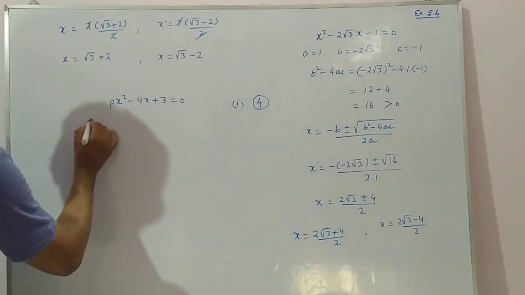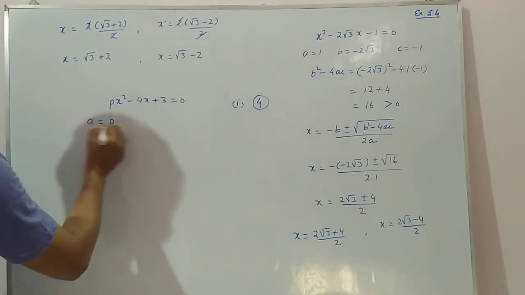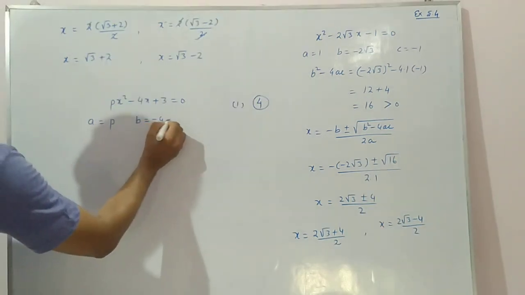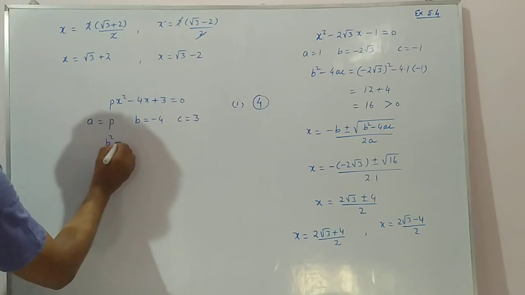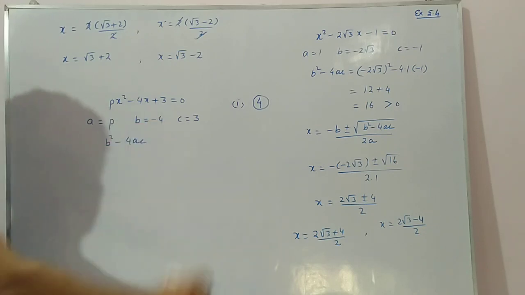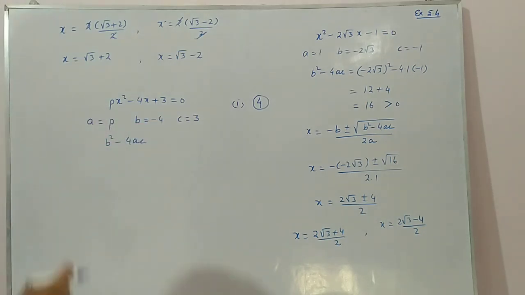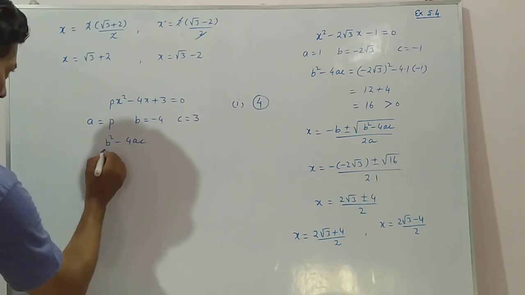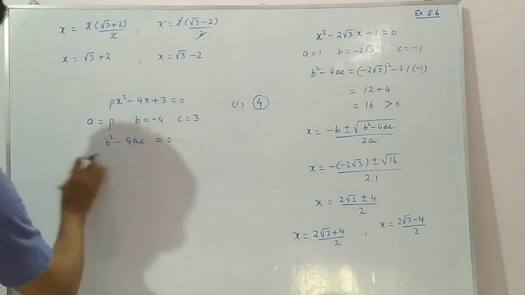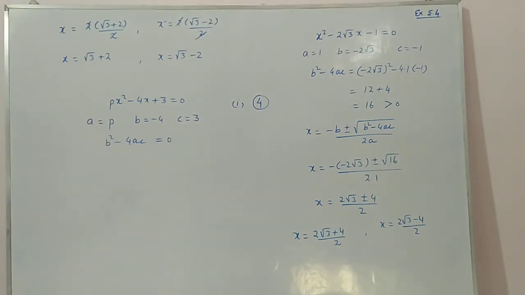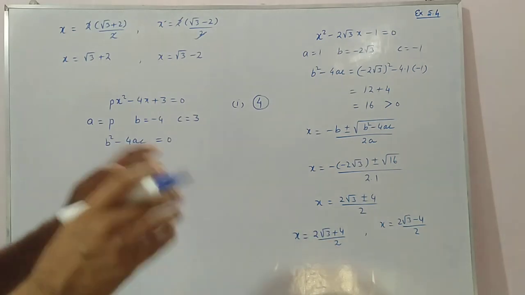Now see here. A is p, b is minus 4, c is 3. So b square minus 4ac should be equal to 0, because the roots are given to be real and equal.